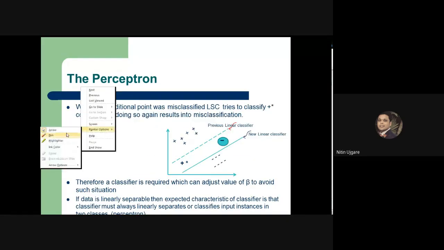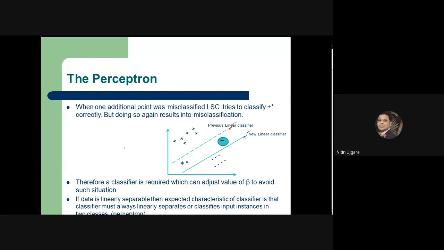Okay, so if I introduce this point, then we can easily observe that this is our previous linear classifier, or we can call it the least square classifier, LSR. LSR will misclassify this point as a negative class instance. But looking at this point, we can easily say that it actually belongs to the positive class.